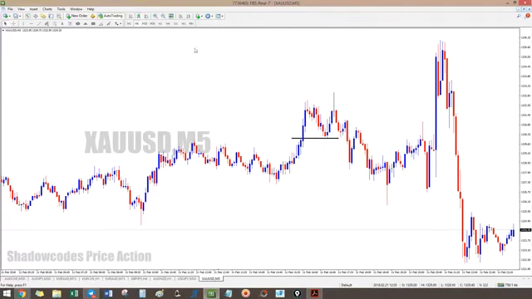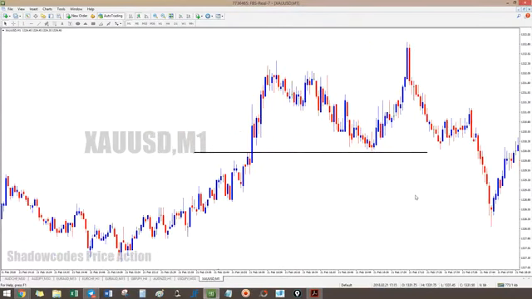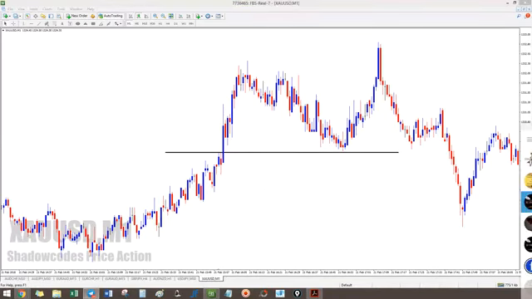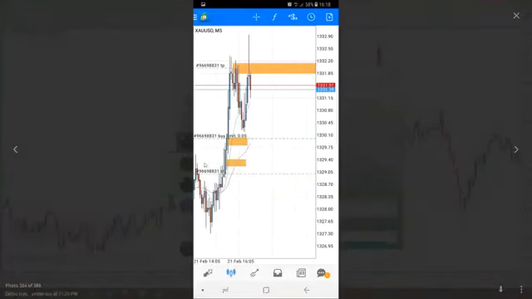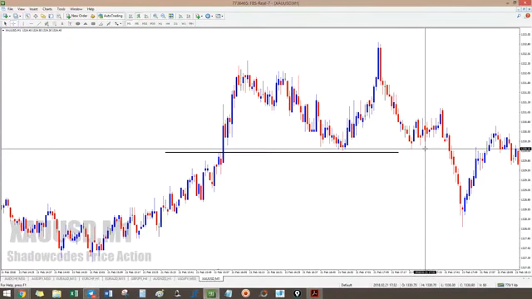Let's look at M1. Also entry here, I think. Okay, on M1 failed to reject here. Over here also failed to reject.